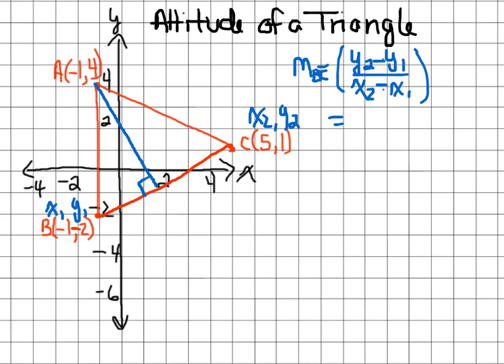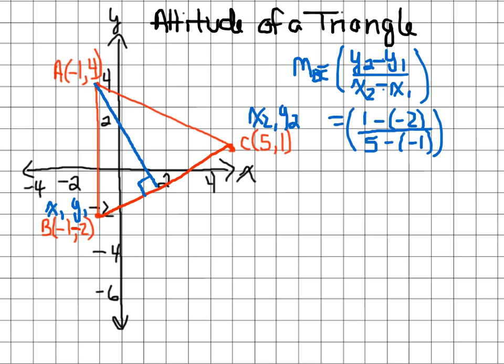So this is equal to y2 is 1, and I am subtracting minus 2, so it's 1 minus minus 2, and x2 is 5, and I'm going to subtract minus 1.